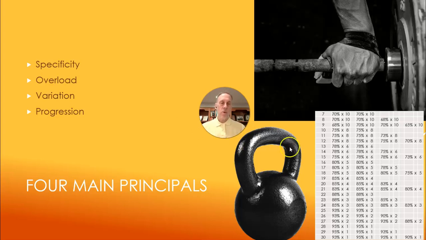Like in the spreadsheet to the right, if you look at different breakdowns of sets of 10 to 8 to 5 to 4 on a percentage basis, you have to have progressive overload to systematically overload the human organism, or the muscles within the body itself, to elicit the training responses that you want.